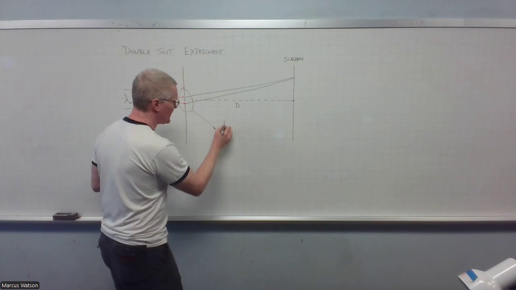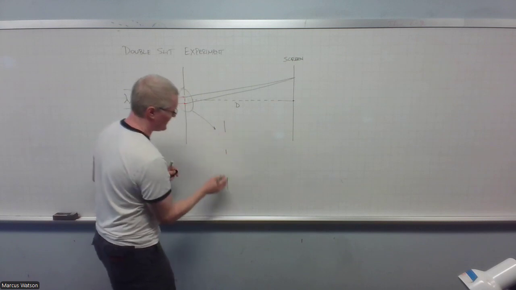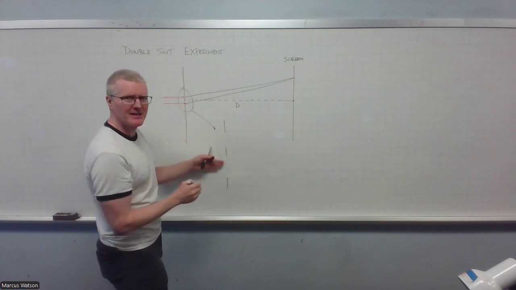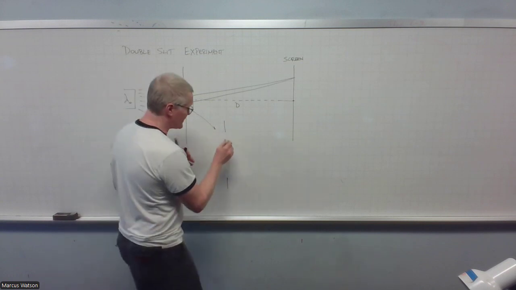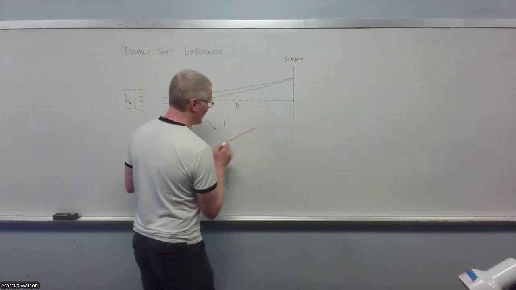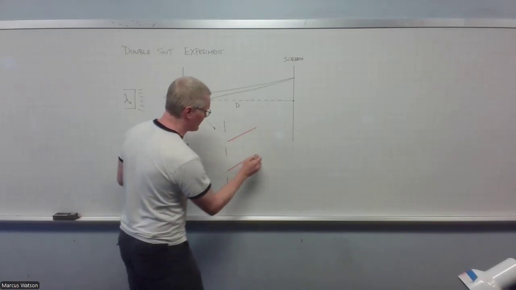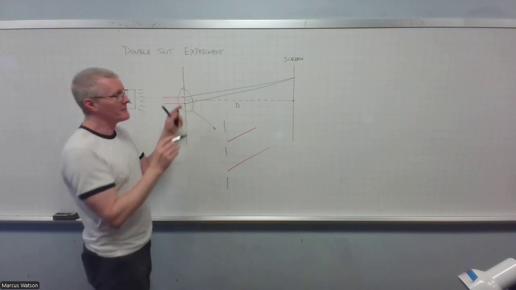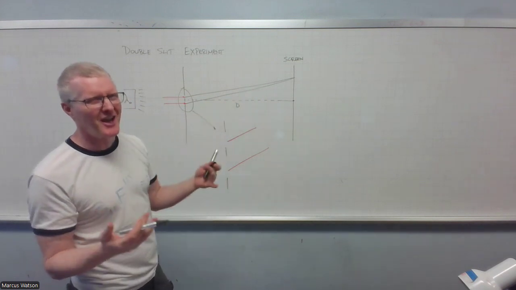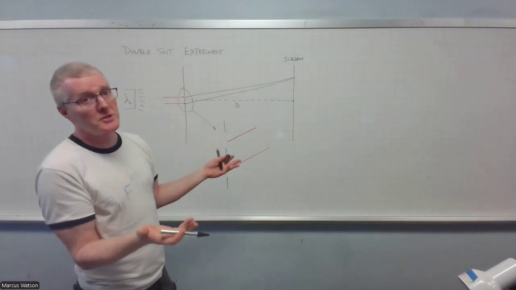Here's the slit. So here's the upper slit and here's the lower slit. Now, this is a wave traveling out like that, and this is a wave traveling out like that. Remember how I said the angles were pretty small? They're essentially parallel here. Of course, they're intersecting over here, so they're not, but they're close enough.